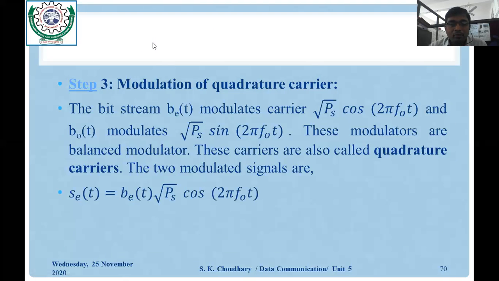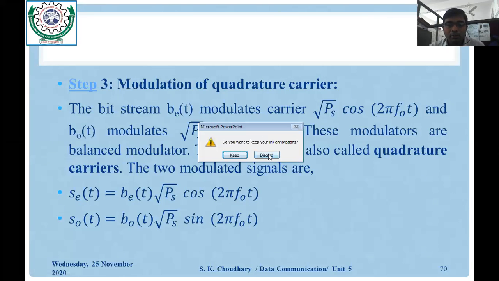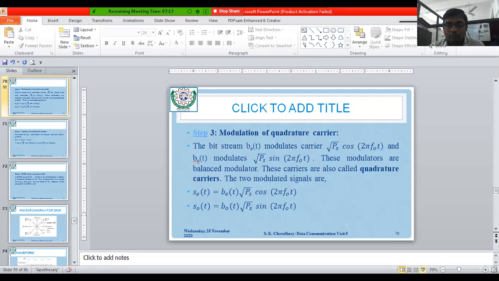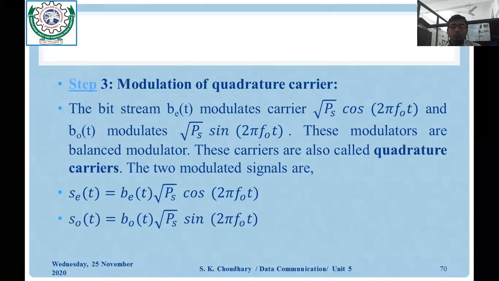Mathematically you can write ACT, now the two modulated signals, the even modulated signal and the odd modulated signal: BET square root of PS cos 2 pi f naught t, and then sin 2 pi f naught t for the odd signal.